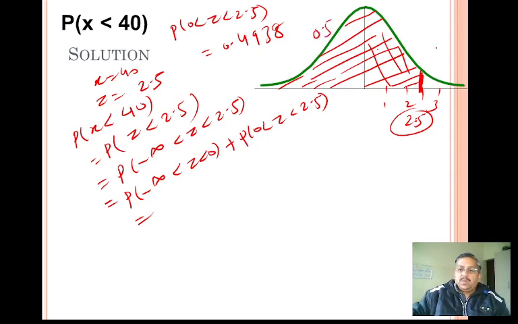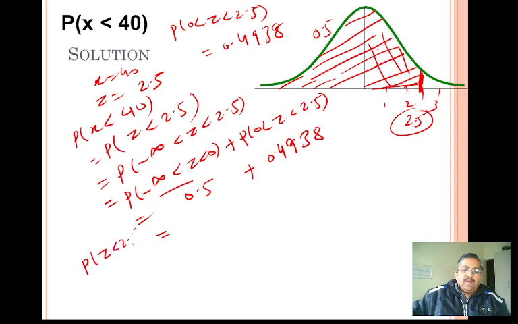This part is also 0.5, but we have already taken the value from the table for this part, which is 0.4938. Correct? And this part is 0.5. So if you solve this, the probability of Z less than 2.5 is equal to 0.9938, and that's the answer. Hope it is clear to you.